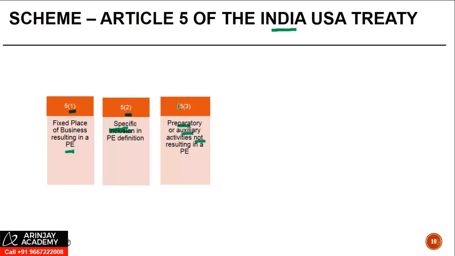And therefore, they are considered preparatory to the main activity. Generally, when you are carrying out a preparatory or an auxiliary activity, in those cases, it is excluded from the definition of the PE.